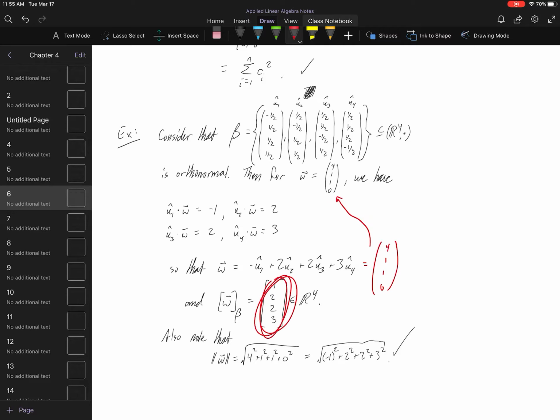This is exactly that vector there. It can be computed from these weights down here. There's a -1 that goes in front of the u1 vector, a 2 that goes in front of u2, a 2 in front of u3, and a 3 in front of u4. That's how much of each vector I need in order to construct w.